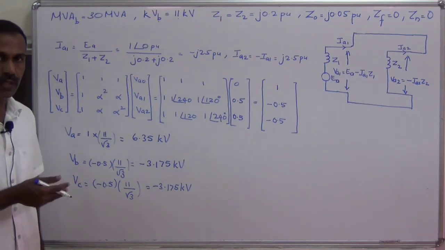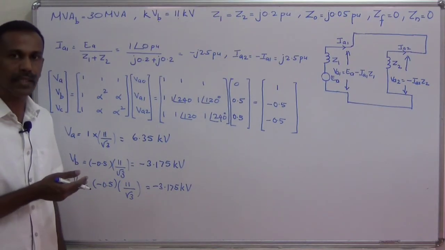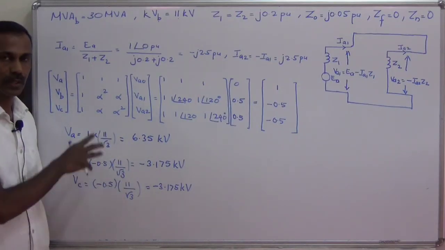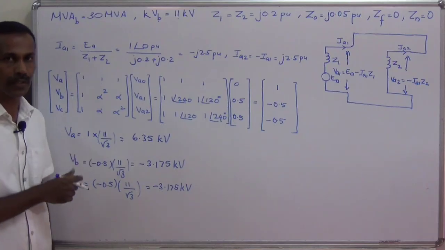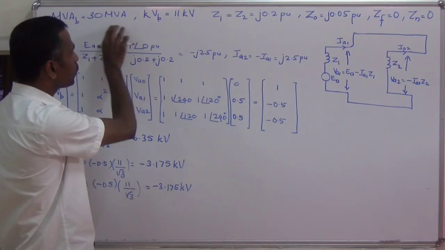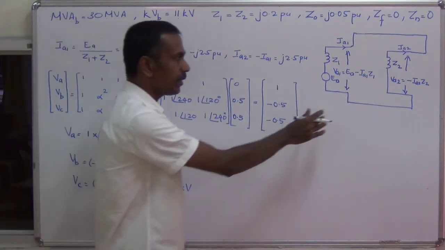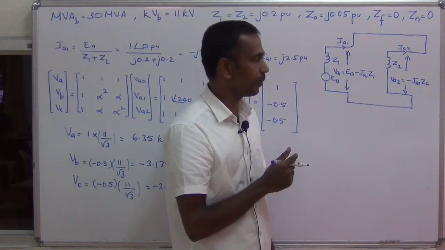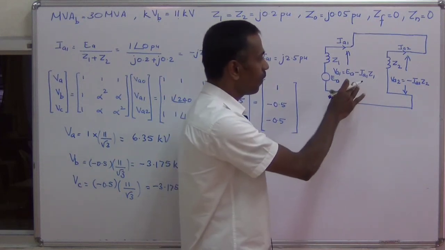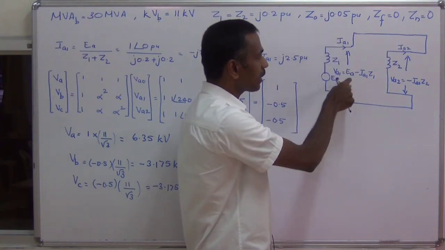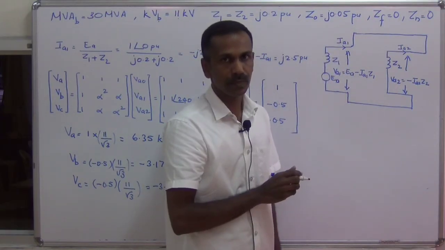Now if you want to find out the line voltages, what is VAB? VAB equals VA minus VB. So similarly we can find out all the line voltages. So this is the approach we are using here. After choosing the base quantities, we draw the sequence network for a particular asymmetrical fault. Then from the sequence network we find out the sequence currents and the sequence voltages.